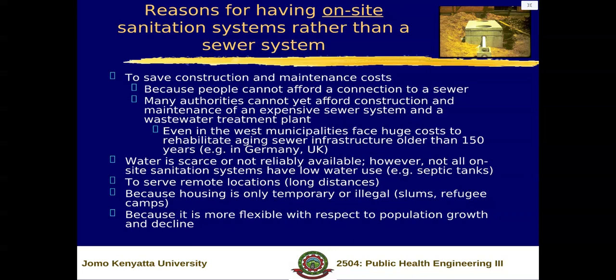Think, for example, if you are in a town like Thika, and there is a development somewhere 40 kilometers away, a small town coming up with about 200 or 400 people. Then it doesn't make sense to lay 20 kilometers of pipe to where the sewer is. It becomes very expensive, and therefore on-site systems are good when you have isolated development.